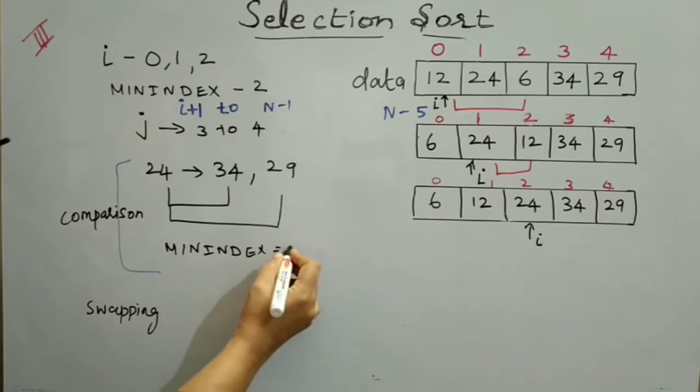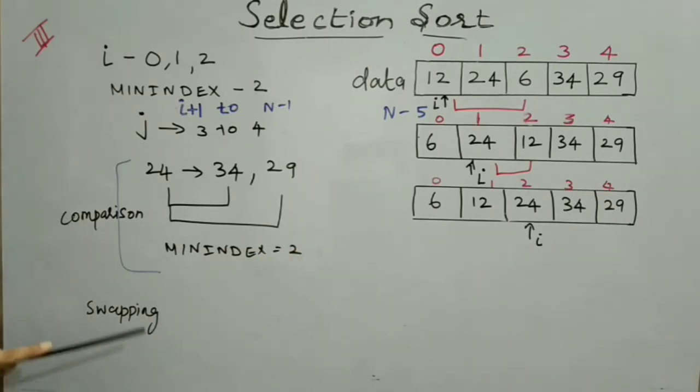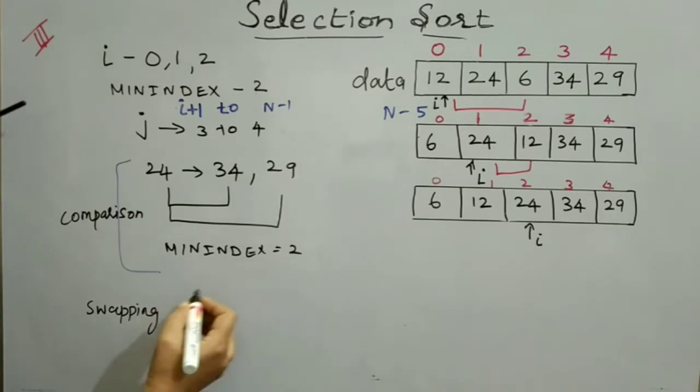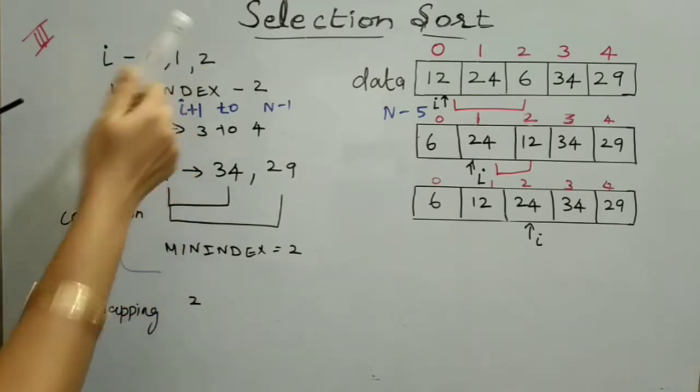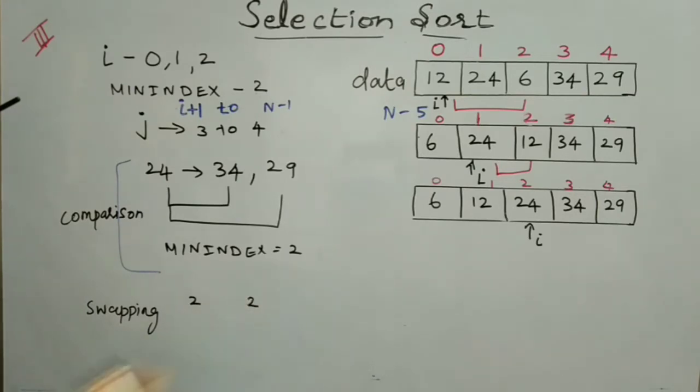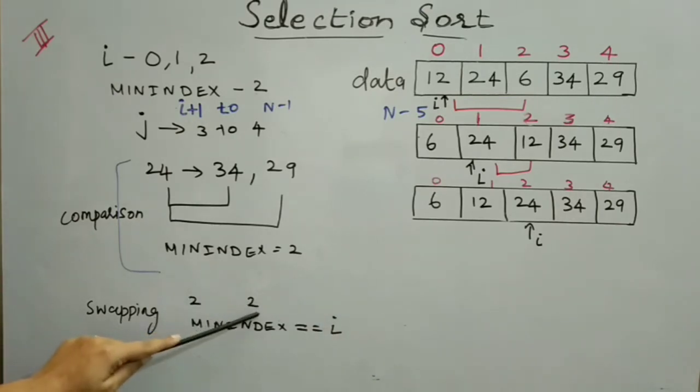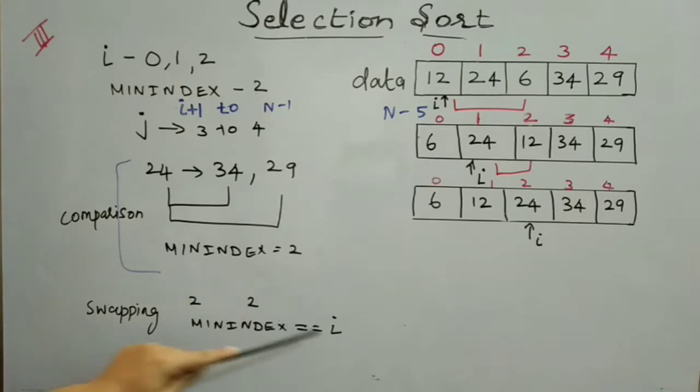That is 2. Once the comparison procedure is over, in the swapping procedure, the value in the minimum index 2 is swapped with the value in the ith position I. When we perform the swapping procedure, we need to check a condition whether minimum index is equal to I. In case minimum index and I are the same, meaning the smallest value is in its appropriate place at the ith position, then no need to perform the swapping.